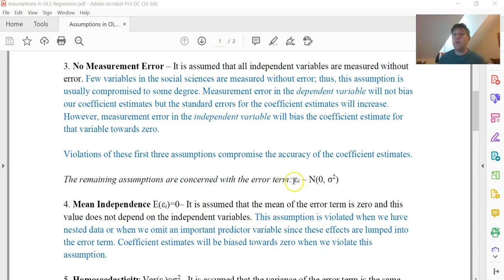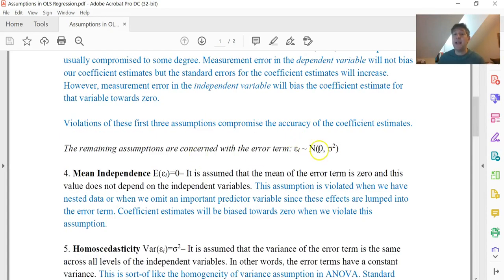Formally, we assume that the errors are normally distributed with a mean of 0 and some constant variance that we're labeling sigma squared here. So we assume that the errors have a mean of 0, calling this mean independence. We assume the error term is 0, and this value doesn't depend on any of the independent variables.